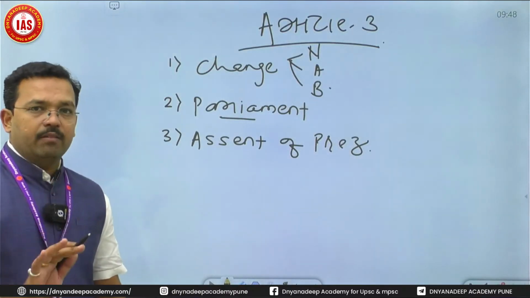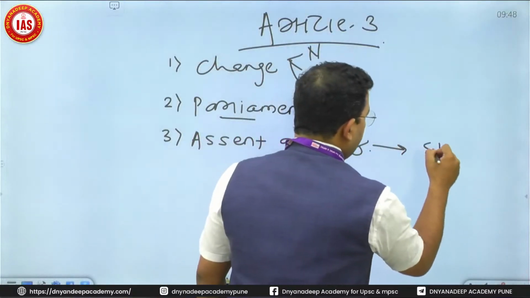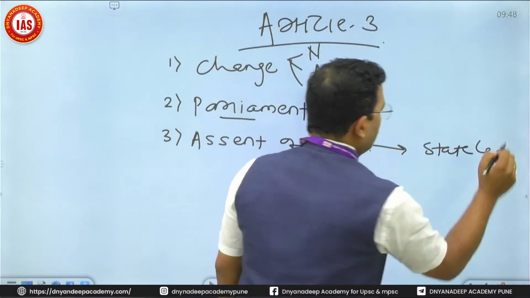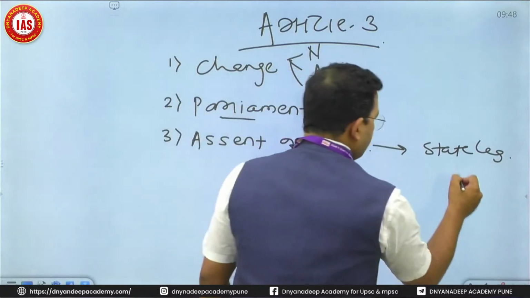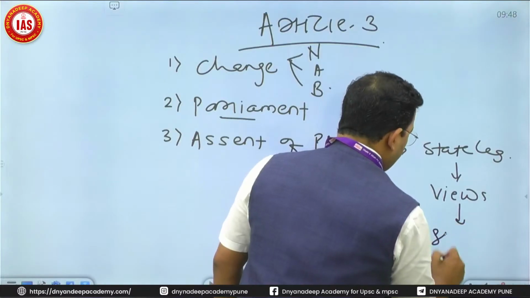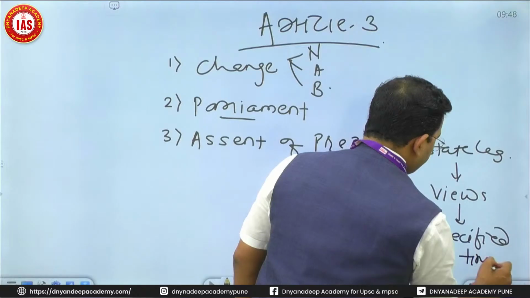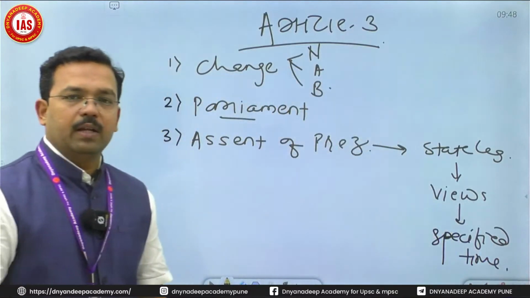Now what will the President do? The President will send this bill to the state legislature to express their views within a specified time. This is important. States do not have the liberty to decide. I repeat once again.